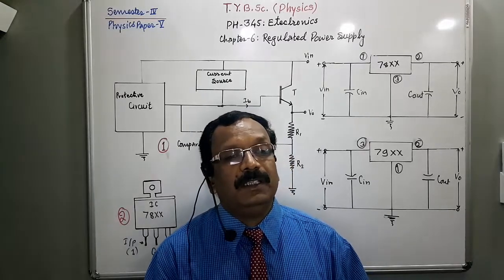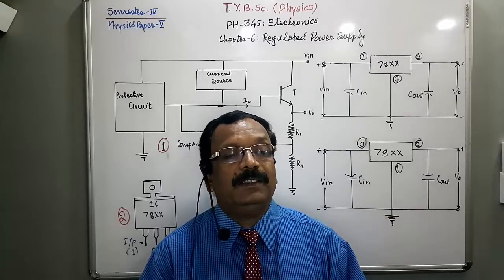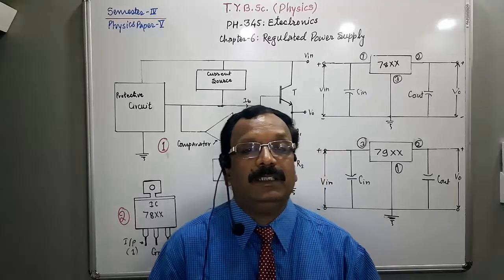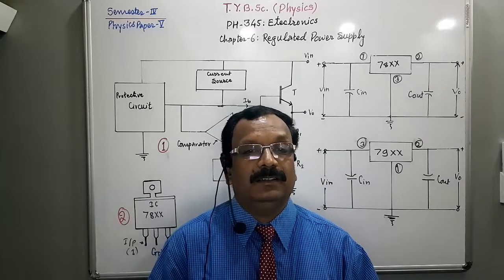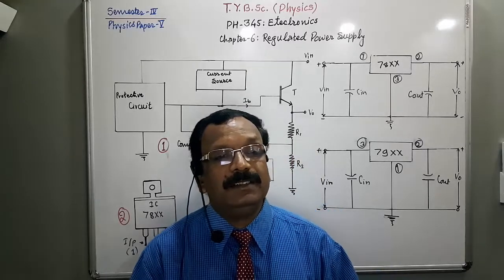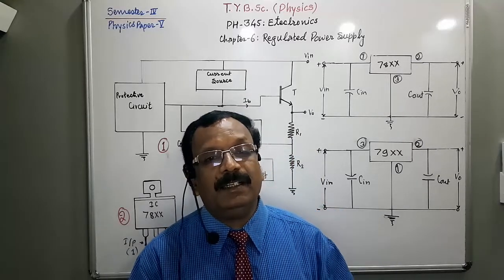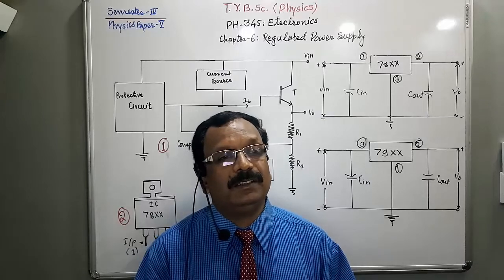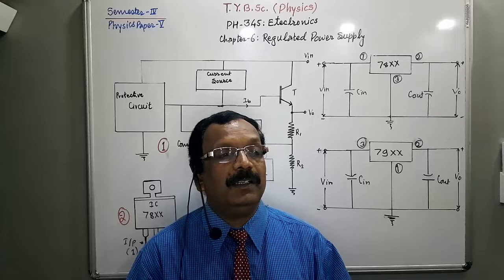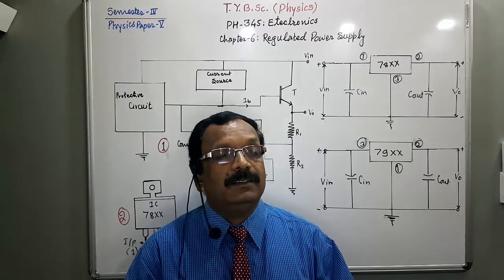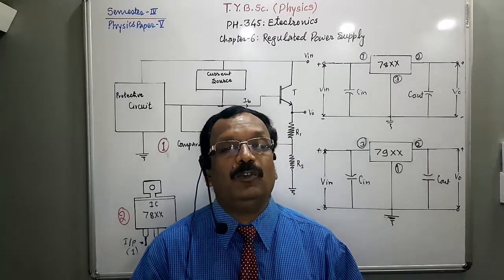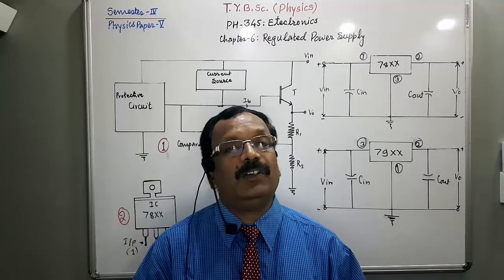The ripple present at the output of the diode is filtered by a capacitor, or simply a capacitor filter, which removes the ripple voltage. Even after this, a little ripple voltage remains in the output voltage after the capacitor or any type of filter.